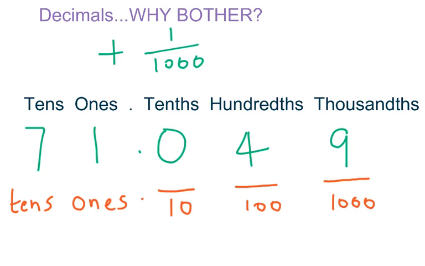If I'm adding 1 thousandth, I can clearly see in 71.049 that I have 9 thousandths. If I add 1 thousandth to that, I'm going to have 10 thousandths.